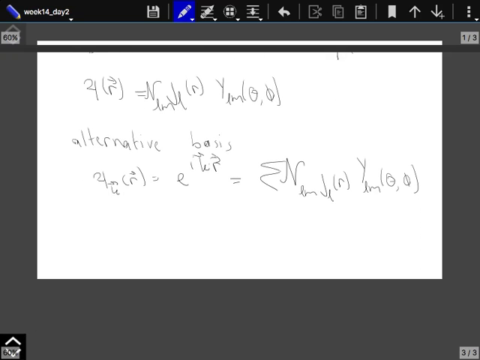And those coefficients I can even evaluate: they are given by the integral d cubed r of e to the power i k dot r times Y_lm of theta and phi. If you evaluate this integral, you know the coefficient. This is called the partial wave expansion of the exponential.